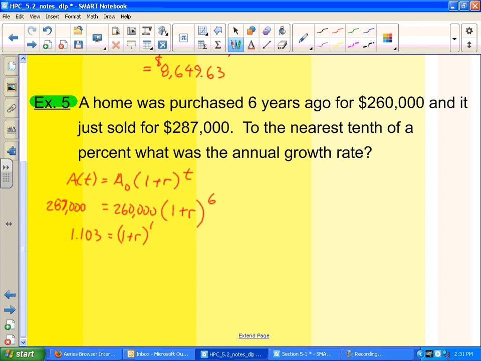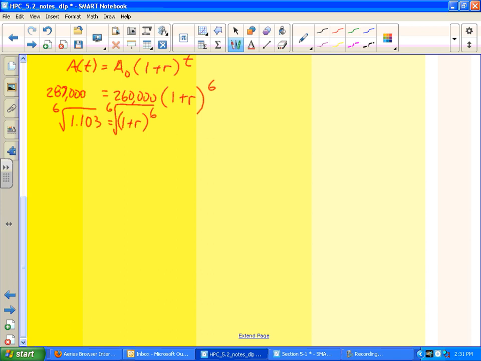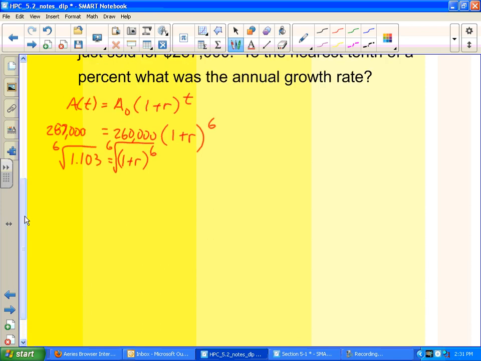So how do I undo a 6th power? I take a 6th root. I have to take a 6th root of this thing. And when I take the 6th root of 1.103, you get 1.016. That's right.